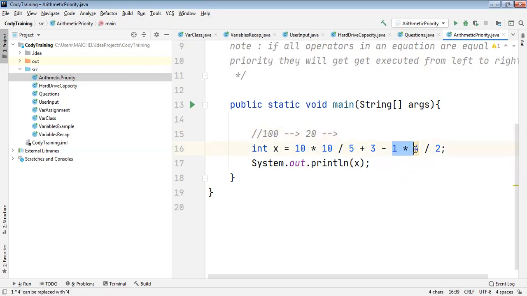Sorry, 1 multiplied by 4 is how much? 4. So it will give me 4.